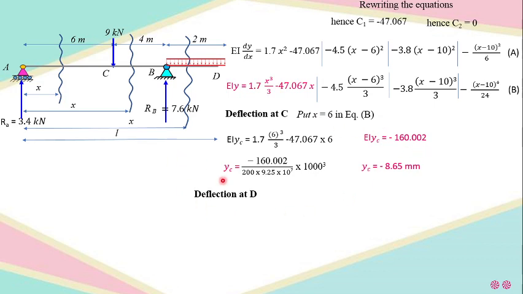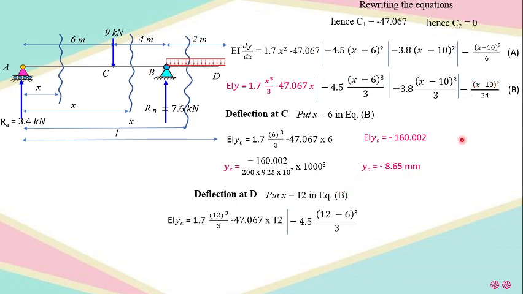Now what else was required to find out? We were required to find out the deflection at D. Is that okay? So for the deflection at D to be found out, how much is the value of x? x will be equal to 12. Put it again in equation number B. Now how many terms will we have to take? If I am talking about 12, all the three sections we have to take into account, means all terms are to be taken into account.